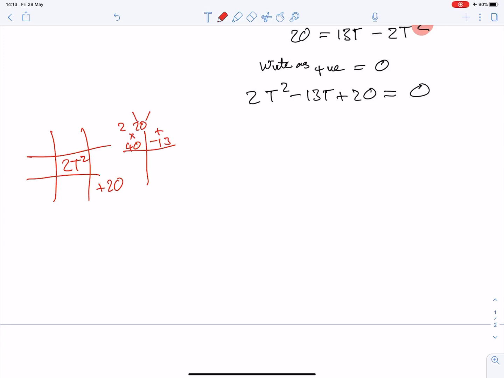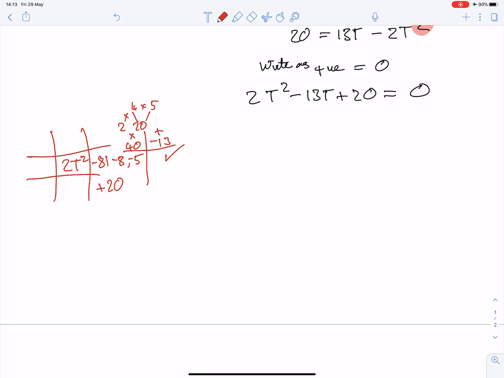We could break the 20 down into 4 times 5. We found something there. 8 and 5 will make 13. If we make negative 8, negative 5, they still multiply to give 40, so we're happy with that.